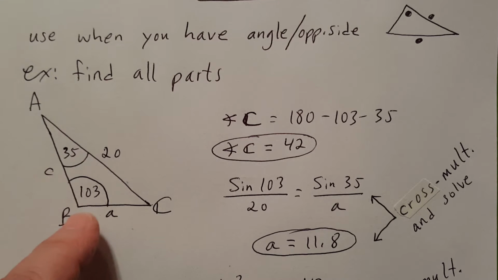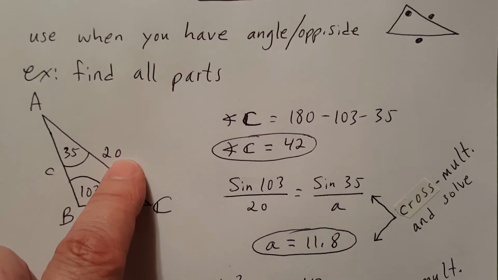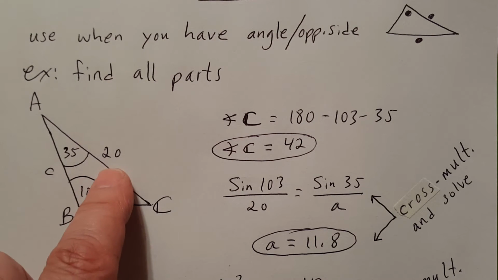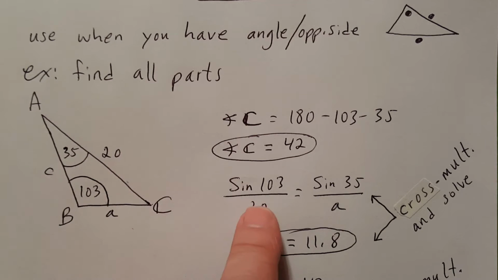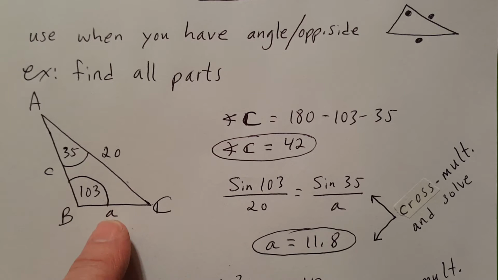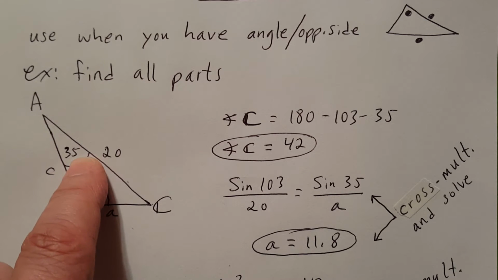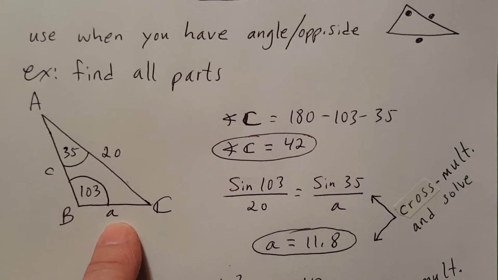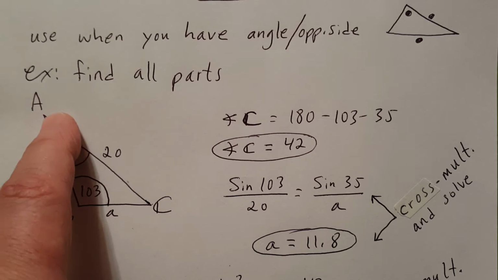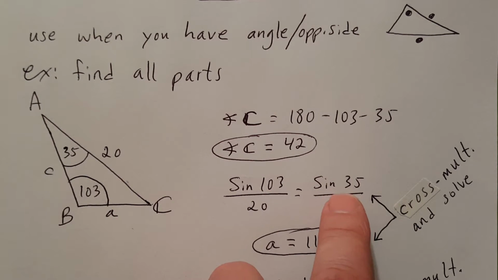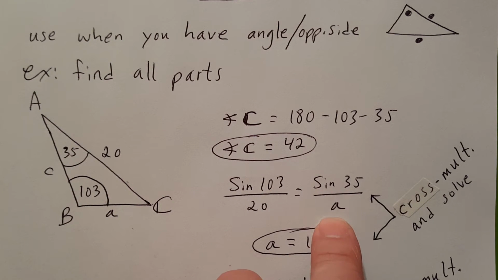I'm going to use this angle and this side, so I need sine B over b. That's sine 103 over 20. And then for side a, it'll be sine 35 over the missing side a.